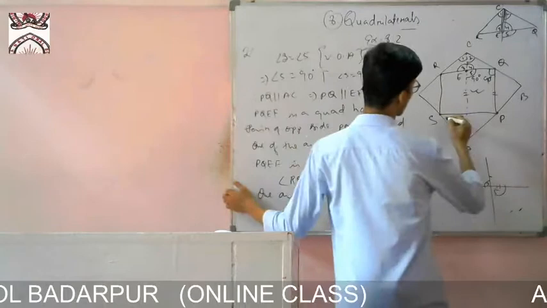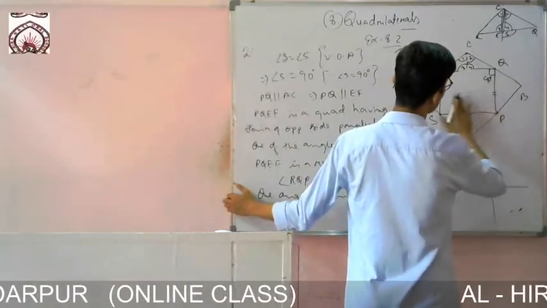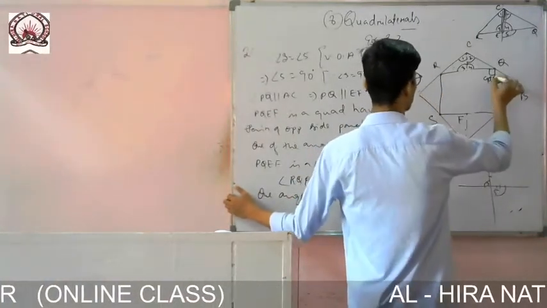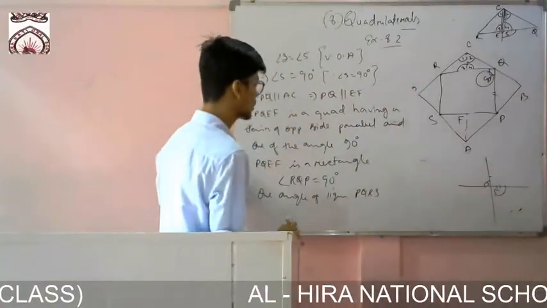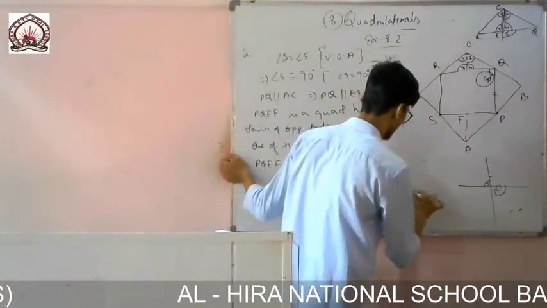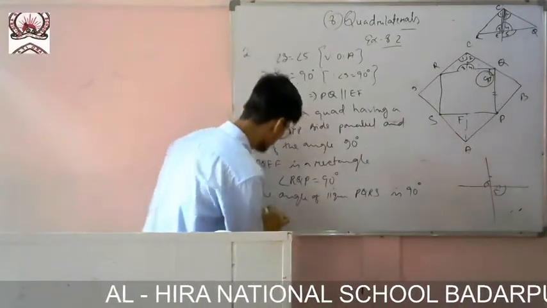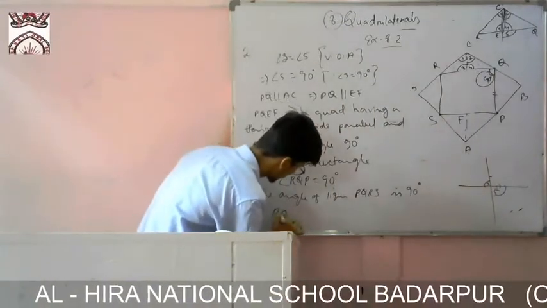If I take this whole triangle, I am erasing this, you see here. I have proved that this angle is equal to 90 degrees, that means if one angle of parallelogram PQRS is 90 degrees, then PQRS is a rectangle.